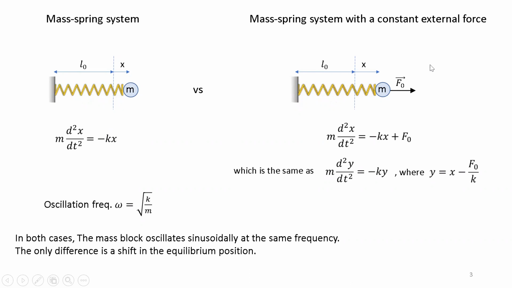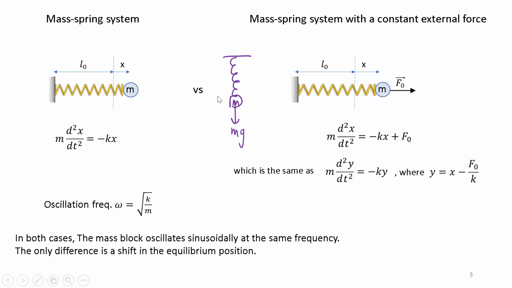You might have learned about it already, because you might have encountered a problem where you put the mass spring system vertically, such that the whole system is under constant gravitational force. I'm sure that you have encountered this before.